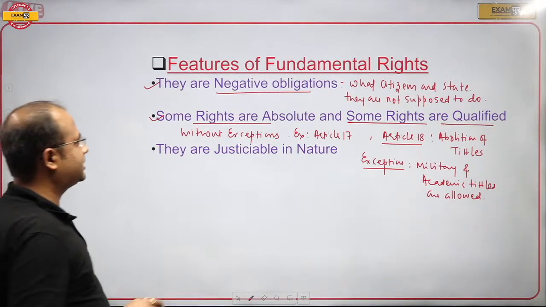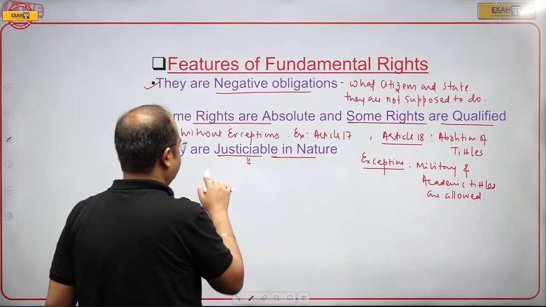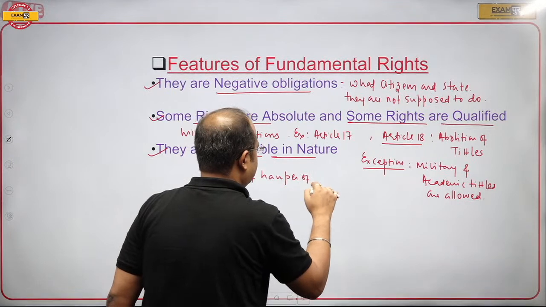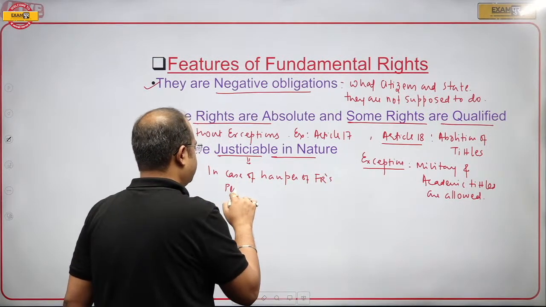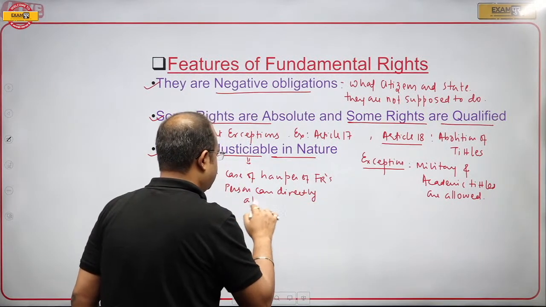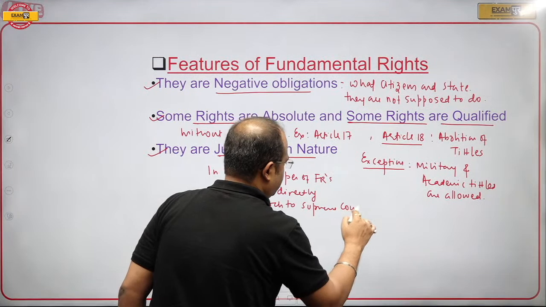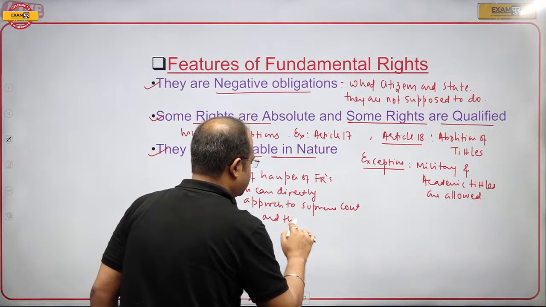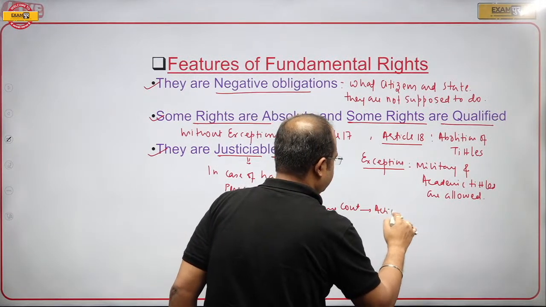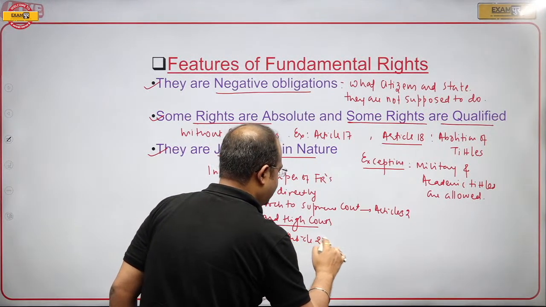Now the third feature is that they are justiciable in nature. Justiciable in nature means that in case of violation of a fundamental right, a person can directly approach the Supreme Court and High Courts: the Supreme Court through Article 32 and High Courts through Article 226.